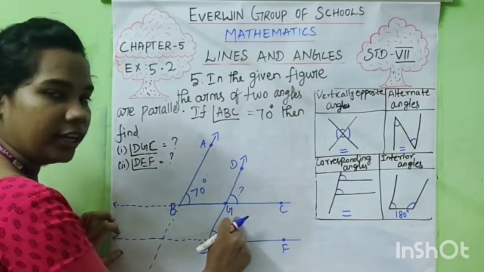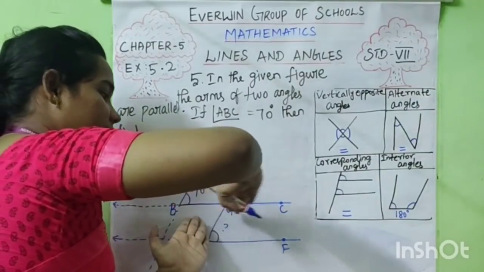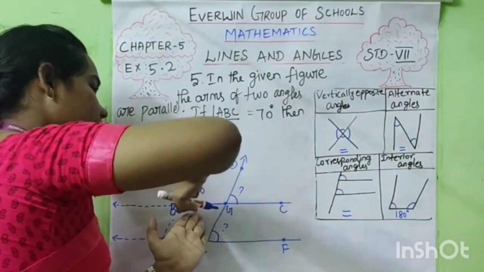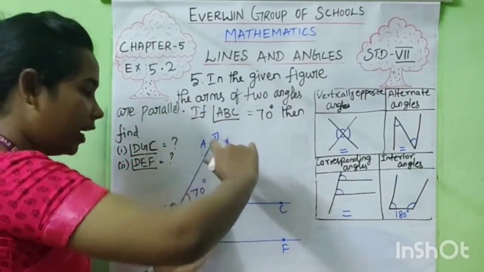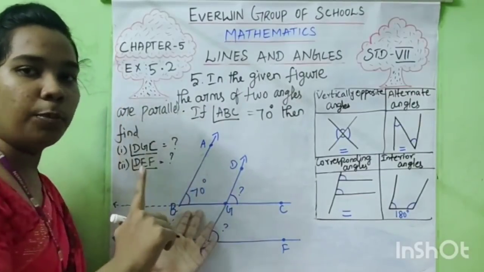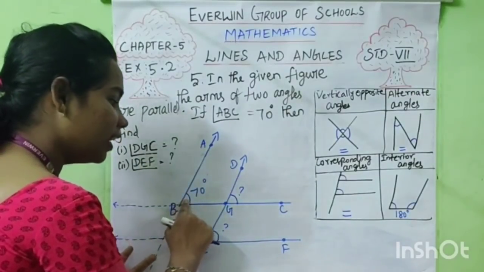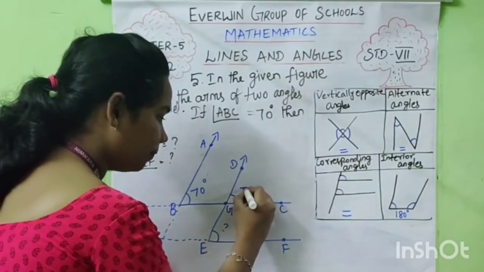B is corresponding to G. See like this. This is F. It is looking like F. So this one line and this line alone you take. So it is looking like F. Right? So 70 degree, B and G are corresponding to each other. So this is 70 degree means obviously G also will be 70 degree.